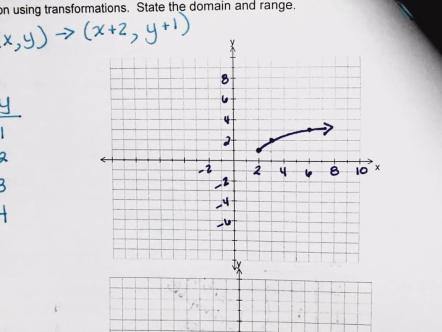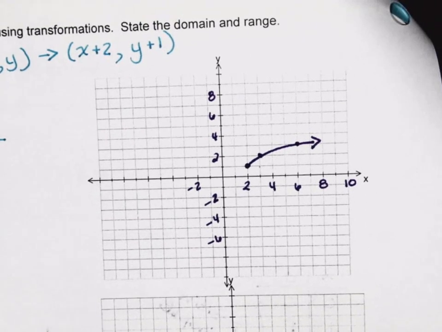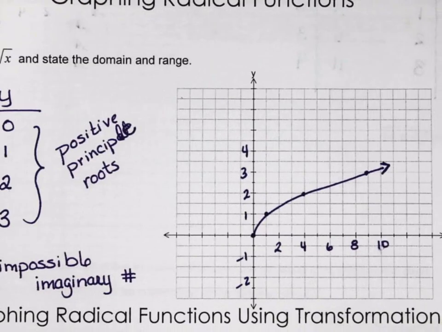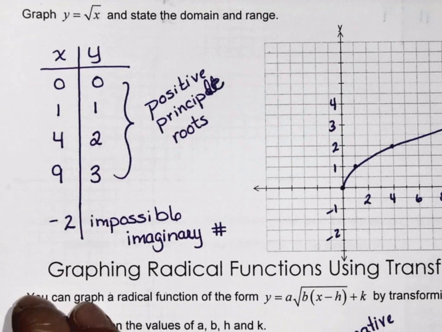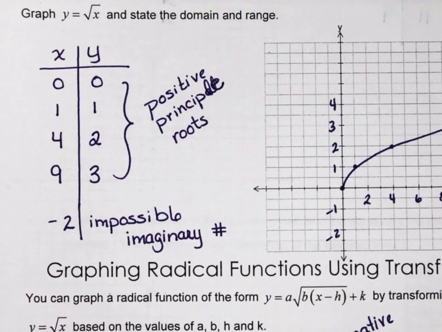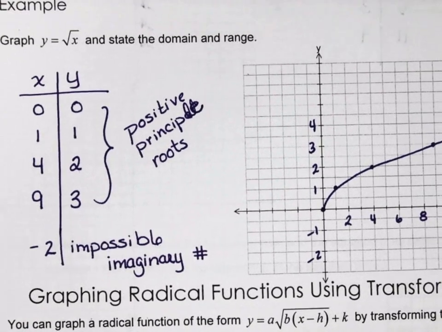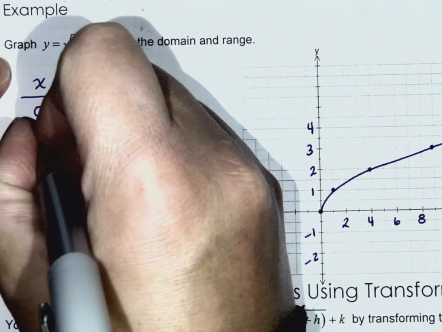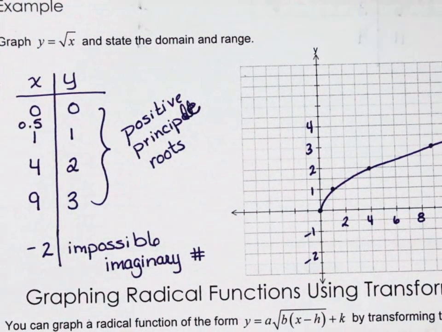Okay, I forgot a very important part. Can we go back to the first graph for a second? Do you guys have a handy dandy calculator in front of you? No? Okay, I'll put mine under there. So I want to add a point in there for a second.